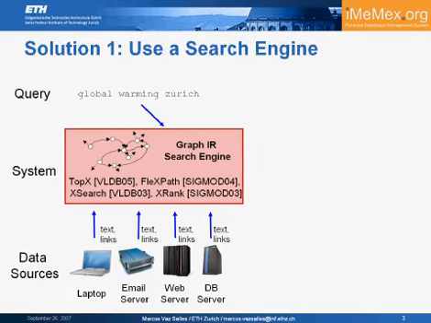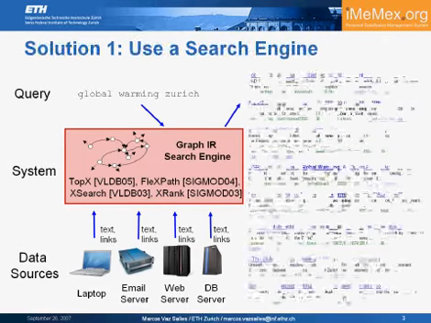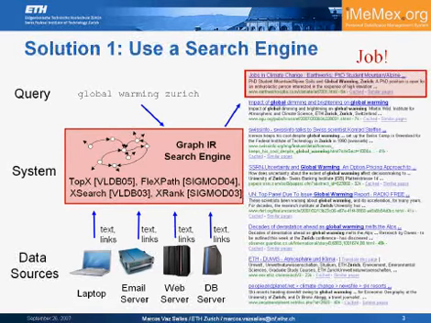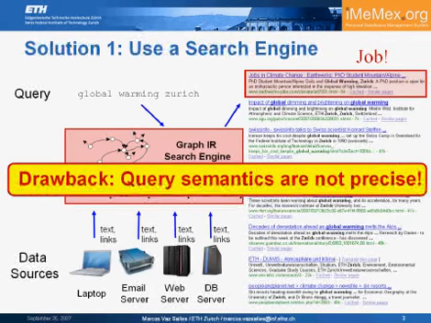The results produced by such systems are ranked results. In our example, the top result is a job in climate change in the region of Zurich. As we see, the result produced is not exactly what we were looking for in the first place. The major drawback of search engines is that the query semantics provided by these systems are not precise.